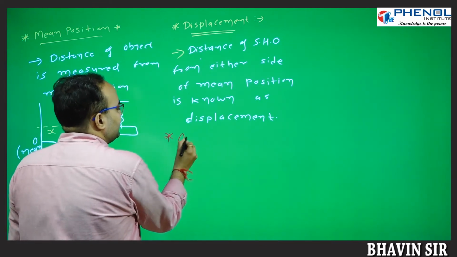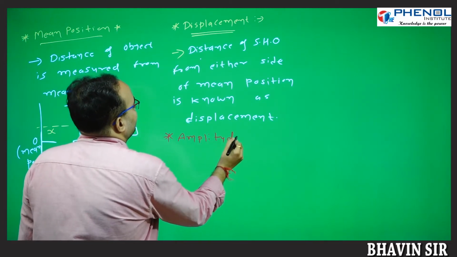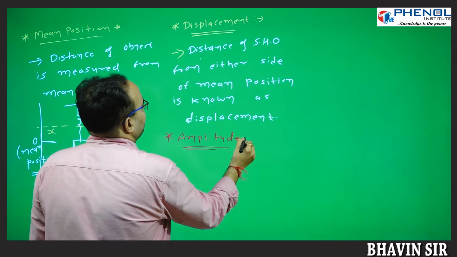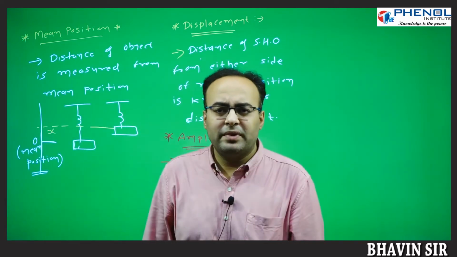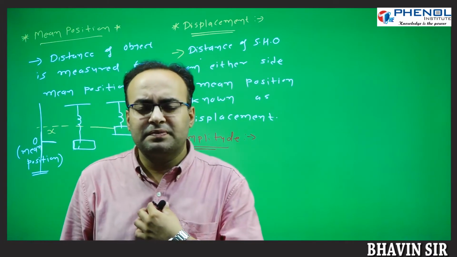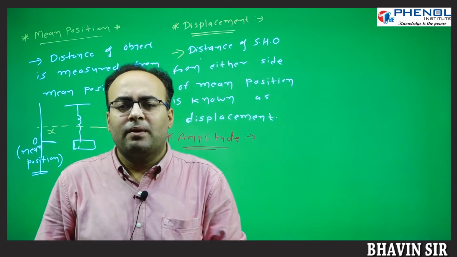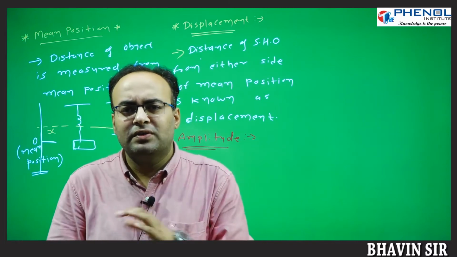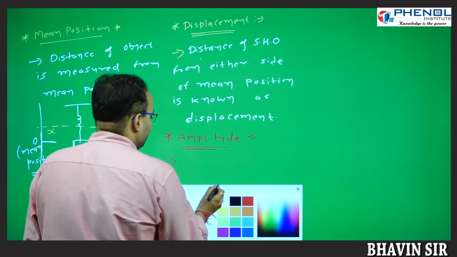Now amplitude. Next we discuss amplitude. Now students, what is the meaning by amplitude? Amplitude means maximum displacement of SHO on either side of mean position. Amplitude is a maximum displacement.